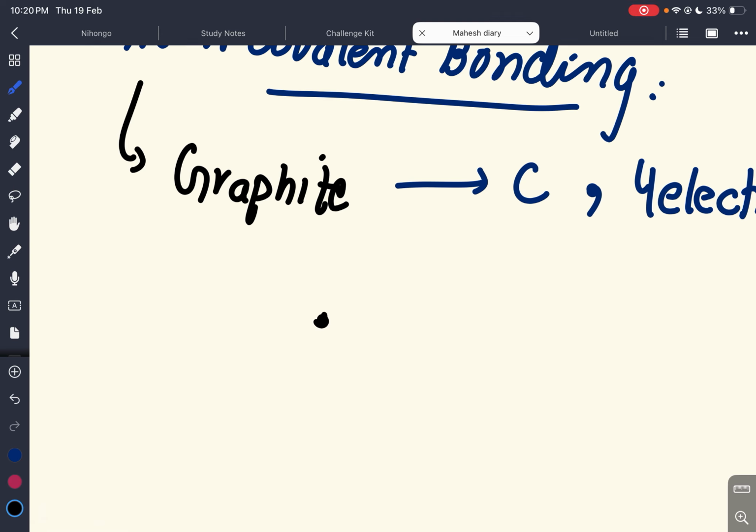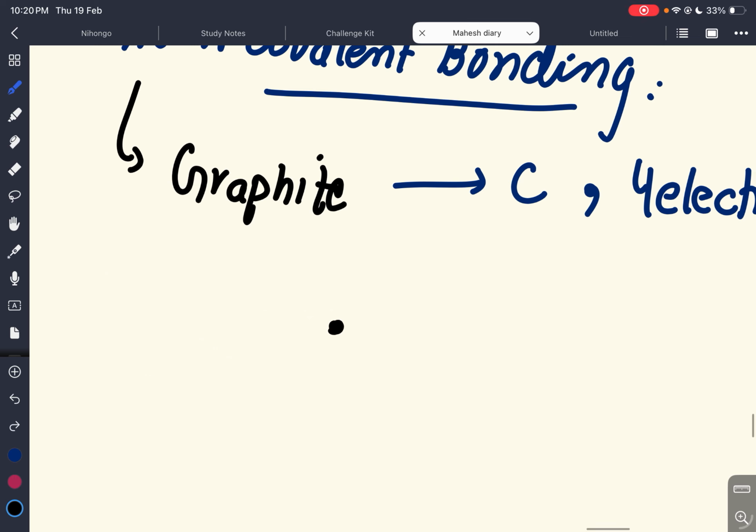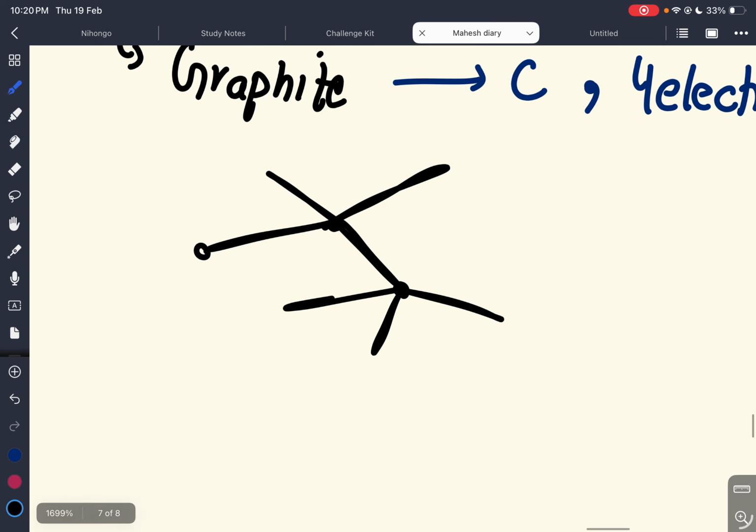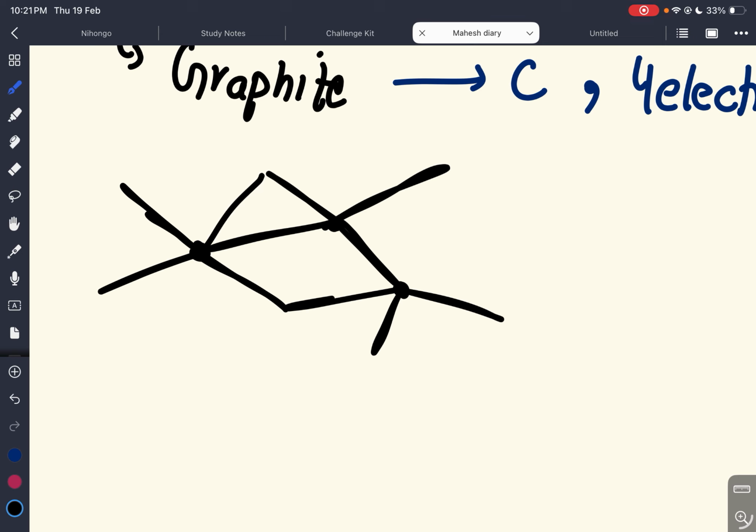For example, it makes 1 bond, and this leaves this one, and also we get bonds, and then eventually every carbon atom gets a bond.